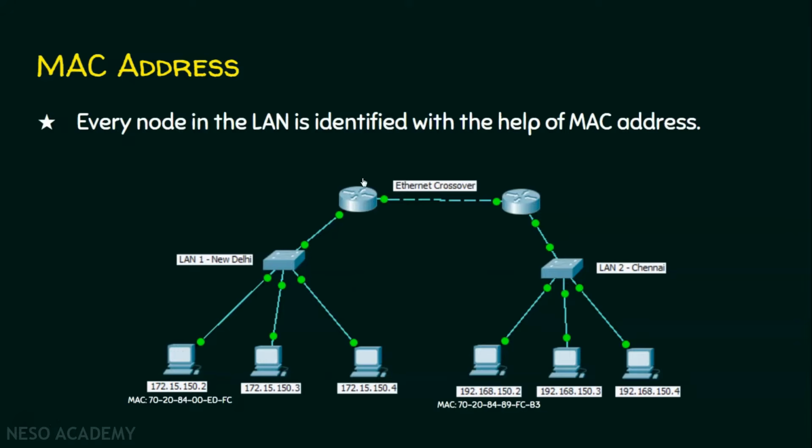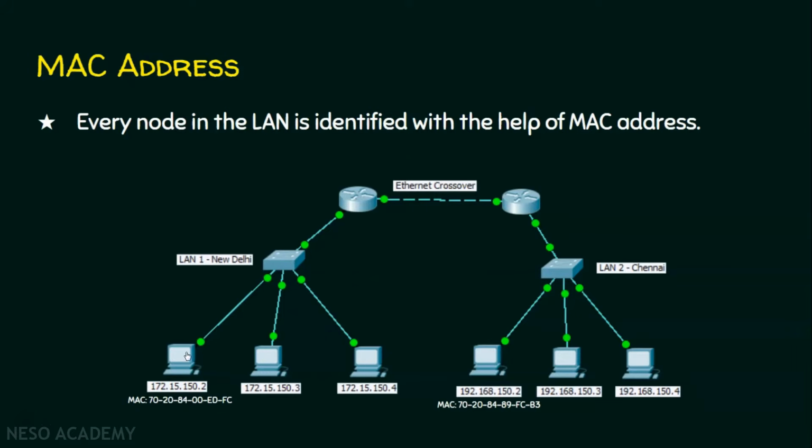When the router receives this packet, it takes the forwarding decision based on IP address. Once the data is received by this switch, it is the responsibility of the switch to deliver the data to the right destination. So the switch gives the data to the right destination based on the MAC address. So IP addresses are router friendly addresses and MAC addresses are switch friendly addresses.